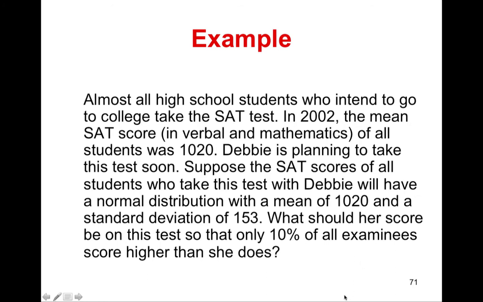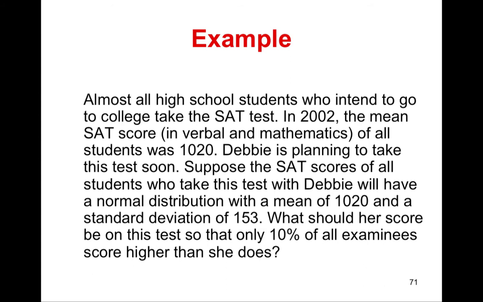Another example. Almost all high school students who want to go to college have to take the SAT. In 2002, the mean SAT score, both verbal and mathematics combined, was 1,020. Debbie's going to take the test soon.